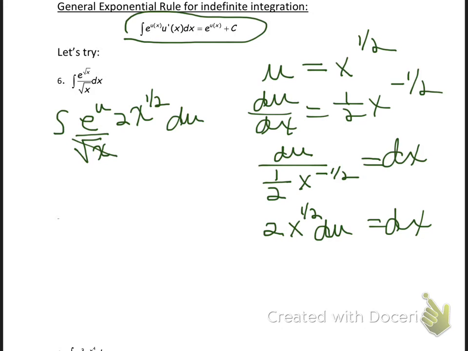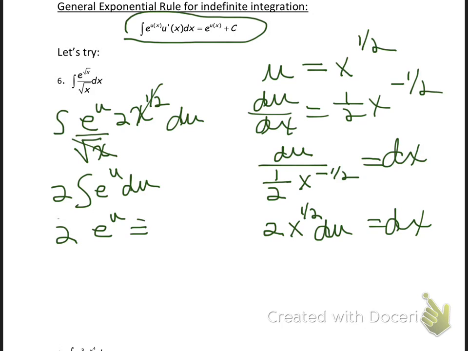Okay, this and this cancel. Bring the 2 out. I have 2 e to the u du, which is nice. So now take your antiderivative. So with e, write what you see and take the derivative of u, and since u is just u, there is no derivative, you're done, with the exception of having to switch back your u into your x.